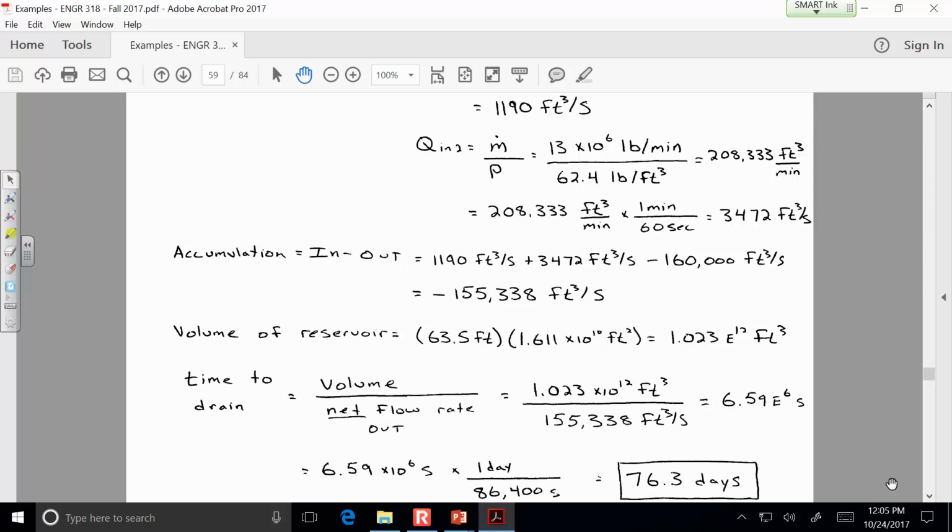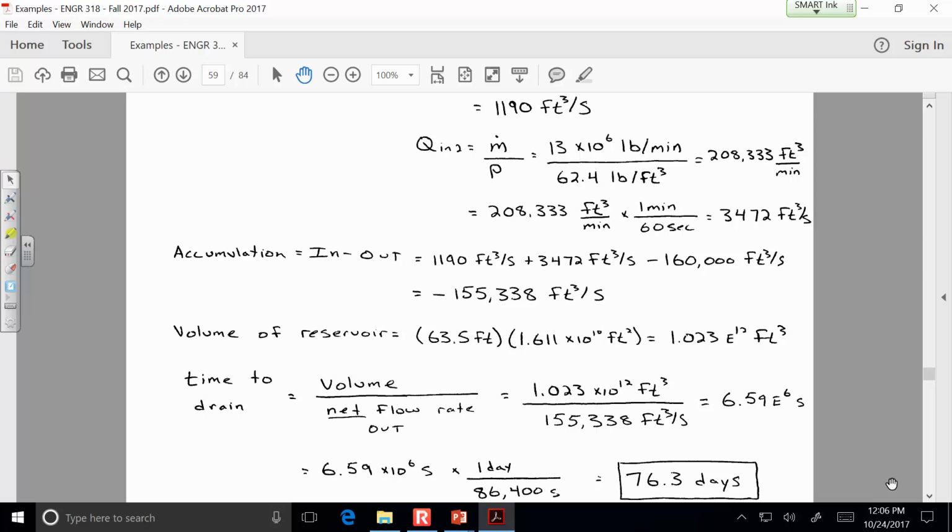And that's true, unless we had some sort of a valve here that was limiting the flow rate from the very beginning. It might have been flowing out even faster if those gates hadn't been regulated somehow. But more realistically, yes, as the water level falls, the outflow rate would decrease. It's just 160,000 CFS right now.